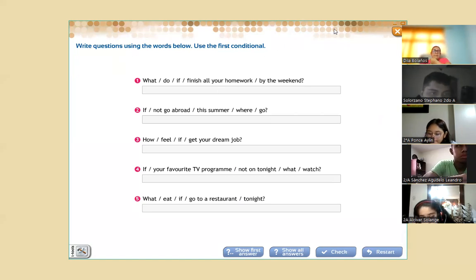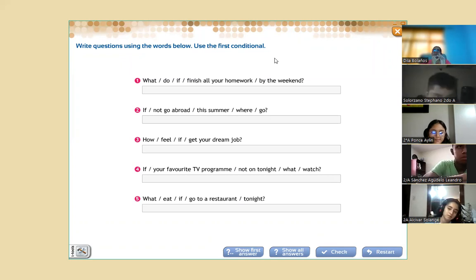Write questions using the words below. Use the first conditional. Okay, remember that when we talk about the conditionals, we have 3 stages. We have the zero conditional, the first conditional, and the second conditional.